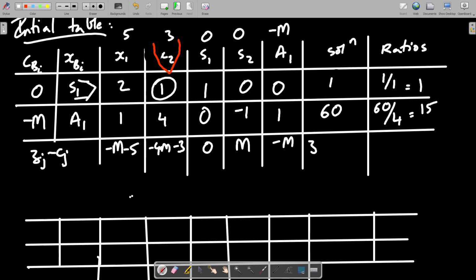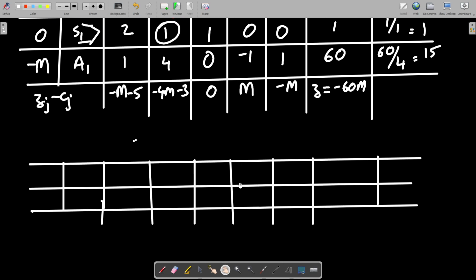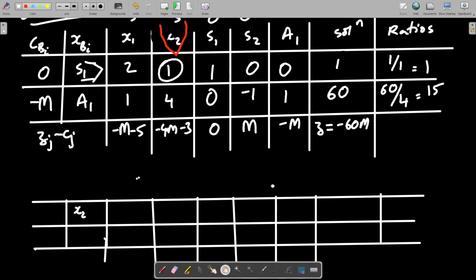Yeah, if you want, you can calculate the z value also here. How will we calculate z value? Just multiply this CBI column with the solution column. This gives you z as minus 60M. Yeah, so now let us write down these columns here. This is x2, and cost associated with x2 is how much? 3.